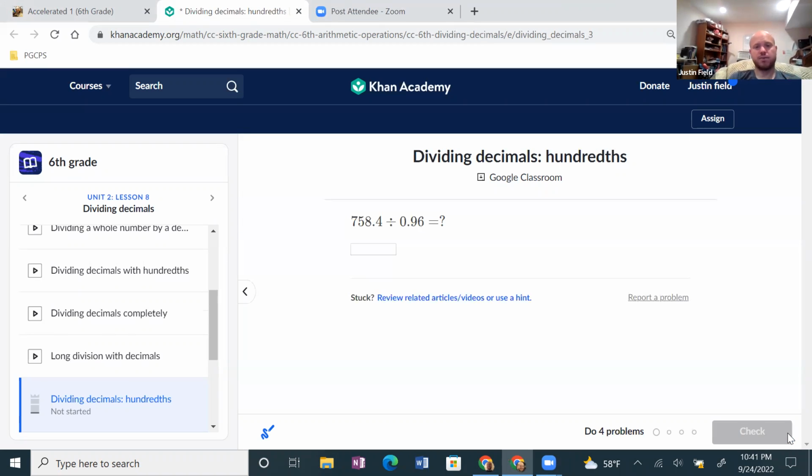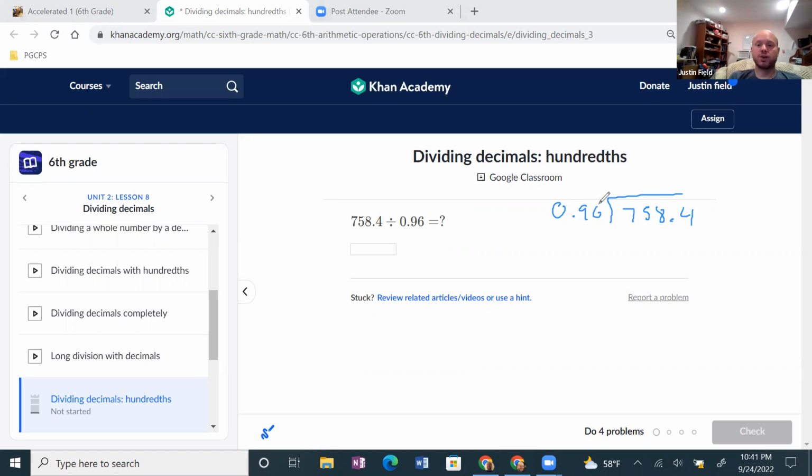But in 6th grade, we divide with decimals. So don't worry, because much like multiplication, we can get rid of the decimals. So in this one, we have 0.96 on the outside, and then 758.4 on the inside.